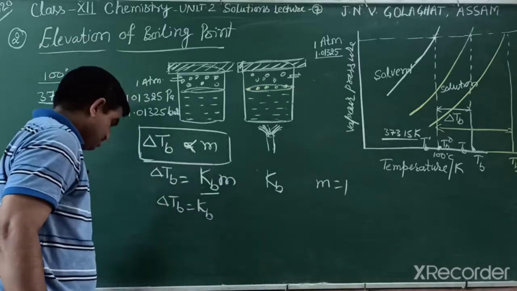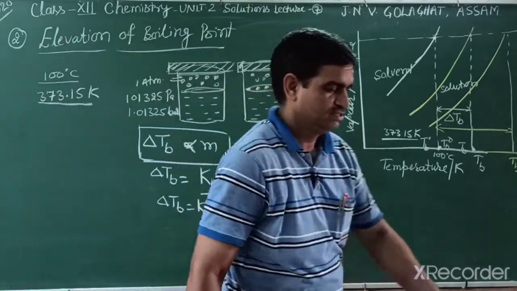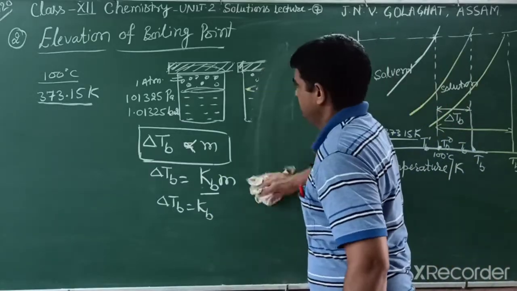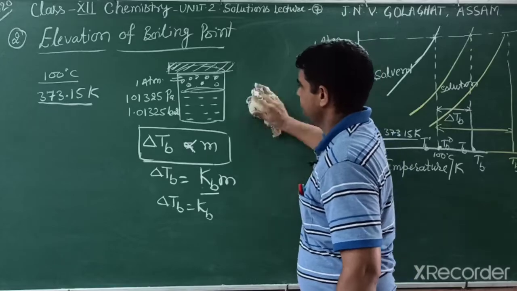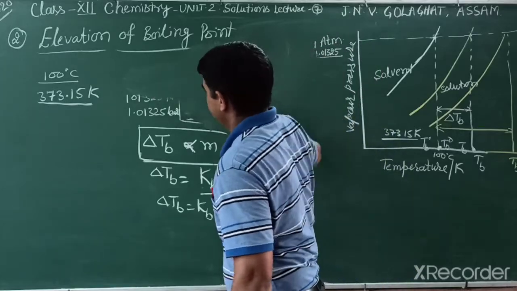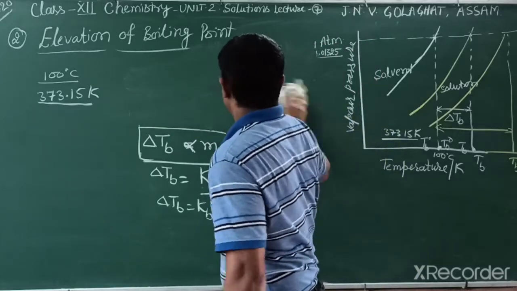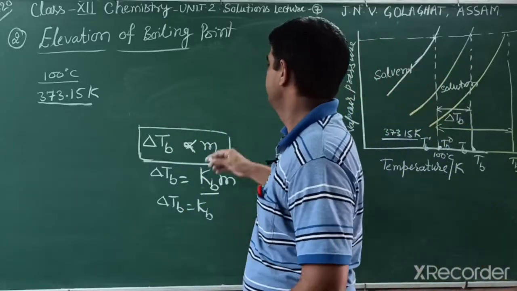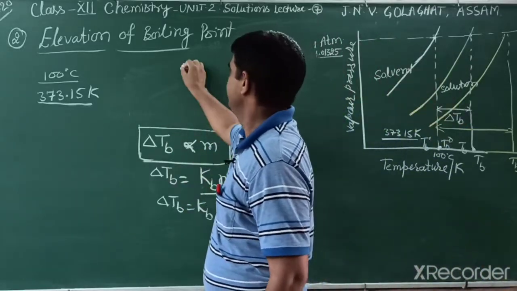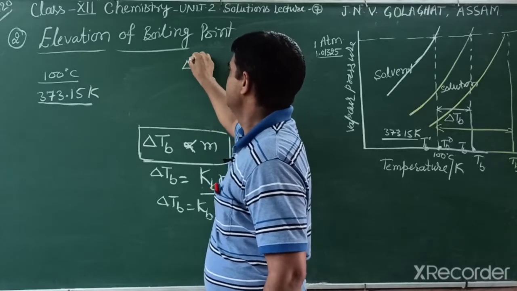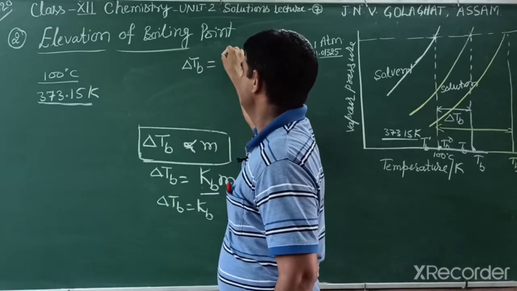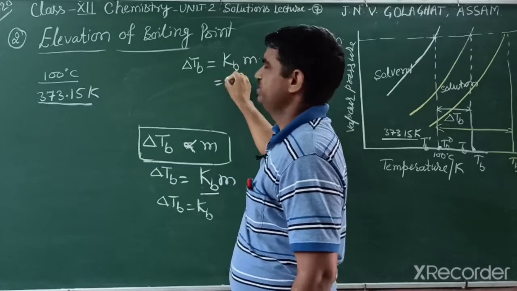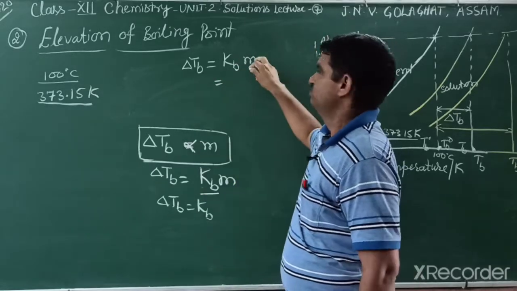So what do you mean by molality? Molality we already discussed. So in this equation we write delta Tb is equal to Kb m. How can we write m?